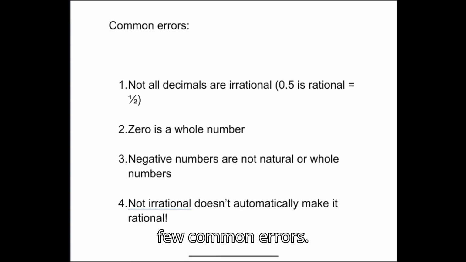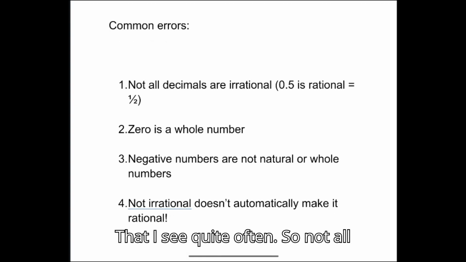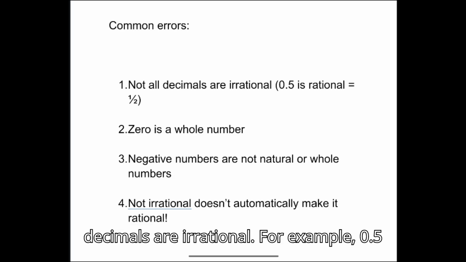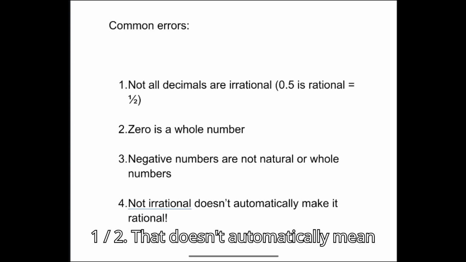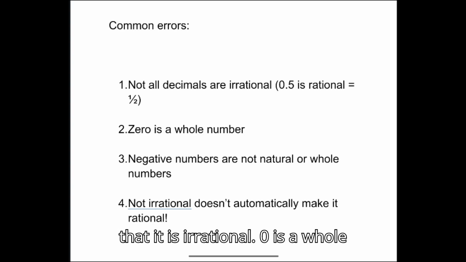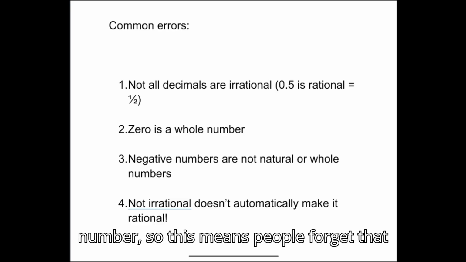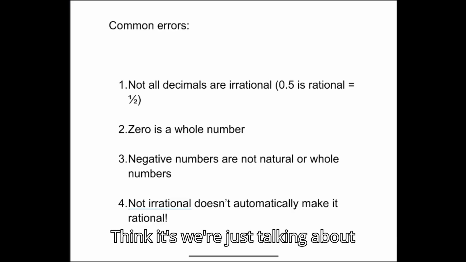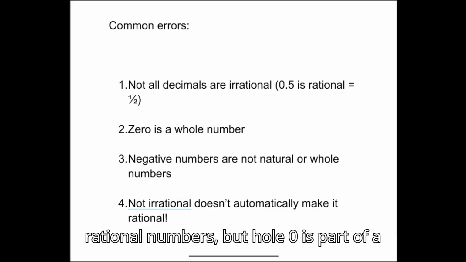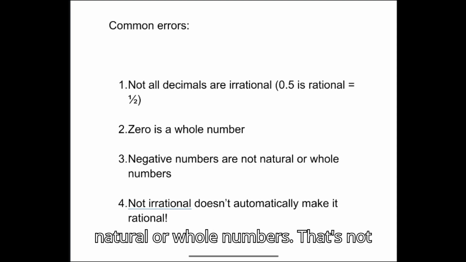So let's go over a few common errors that I see quite often. Number 1, not all decimals are irrational. For example, 0.5 is rational, and you can write that as 1 over 2. Number 2, 0 is a whole number. People forget that all the time, and they just think we're talking about natural numbers, but 0 is part of the whole numbers. Number 3, negative numbers are not natural or whole numbers.